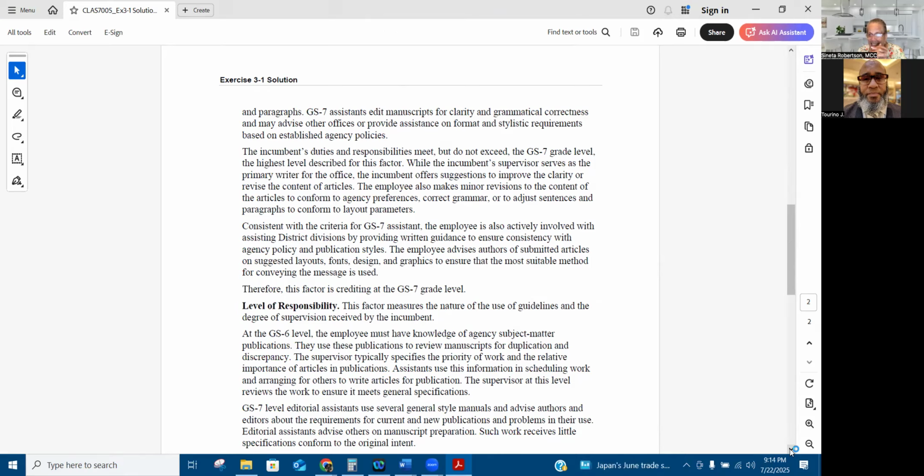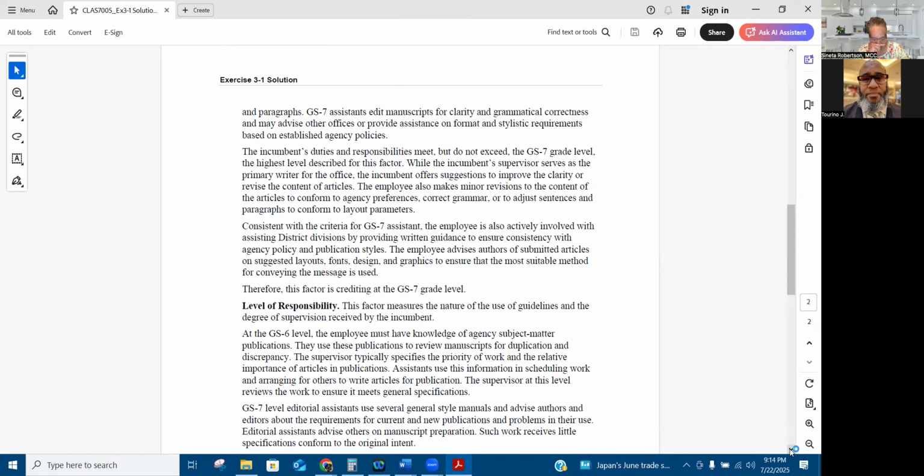The employee also makes minor revisions to the content of the articles to conform to agency preferences, correct grammar, or to adjust sentences and paragraphs to conform to layout parameters.